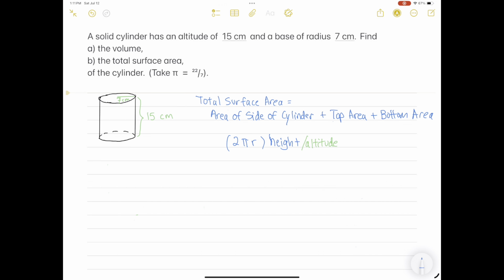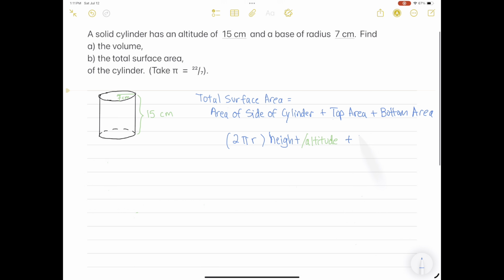The top and the bottom area of the cylinder are both pi r square, and since they are both the same area, I will make that 2 times pi r square. Now I will plug in the values for the equation. The slash altitude is not a divide by altitude, it's just to clarify that height means altitude.